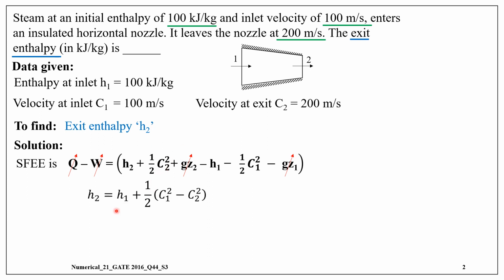And this yields H2 equal to H1 plus half (C1 square minus C2 square). All the values are given, substitute. H1 is 100, C1 is 100, C2 is 200, 1 by 2, and there is a 10 power 3.